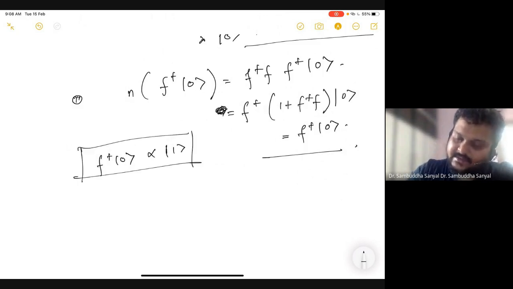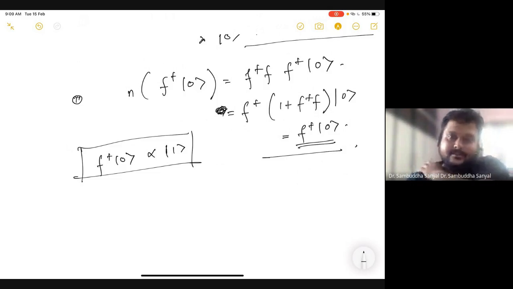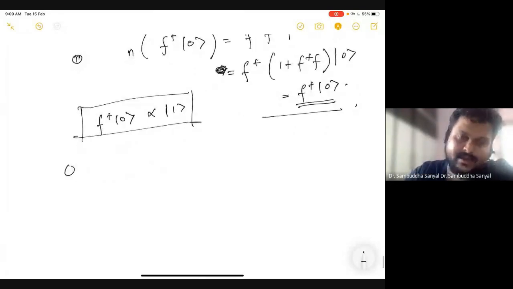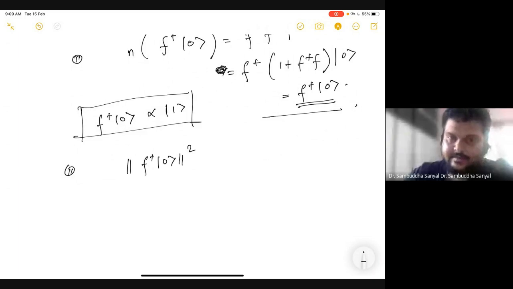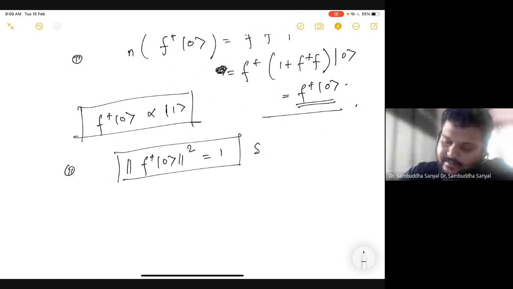So this is an eigenstate of the n operator with eigenvalue 1. And similarly, I can do, so I'm just skipping a couple of steps because it's just a lot of algebra which you have to sit down and do. You can show that the mod square of f dagger 0 will be equal to 1. Show that.